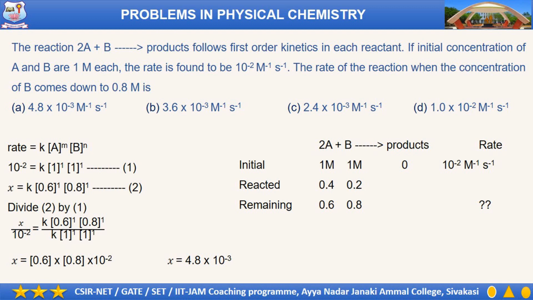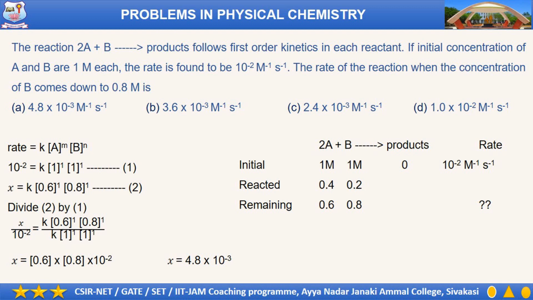B decreases by 0.2 molar. What about the A concentration according to stoichiometry? When 1 mole of B reacts, 2 moles of A disappear. Therefore, 2 times the disappearance of B, so A decreases by 0.4. The remaining is 0.6.